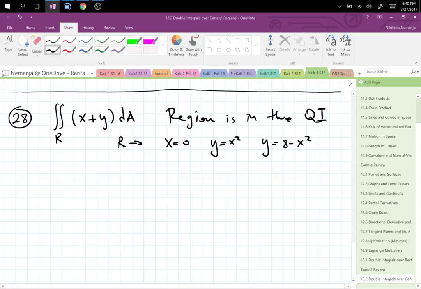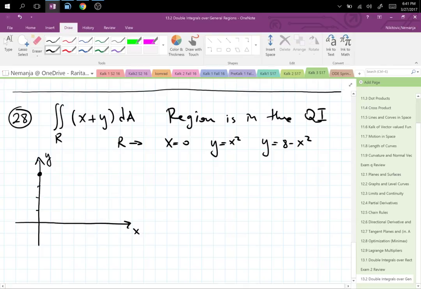Now I'm not worrying about anything else other than the first quadrant, because that's what I said, first quadrant. So we draw the xy coordinate system, and I have x squared. Now the other one is more important to graph first, which is 8 minus x squared. So 2, 4, 6, this is 8, right?